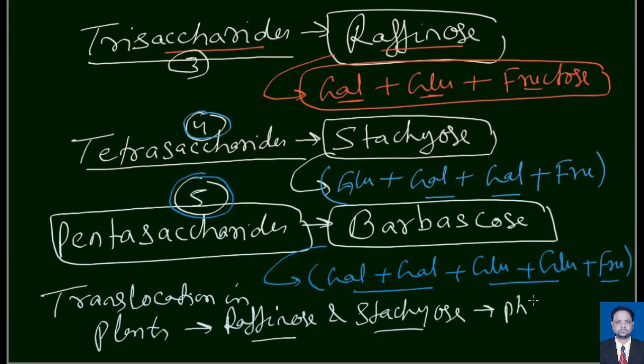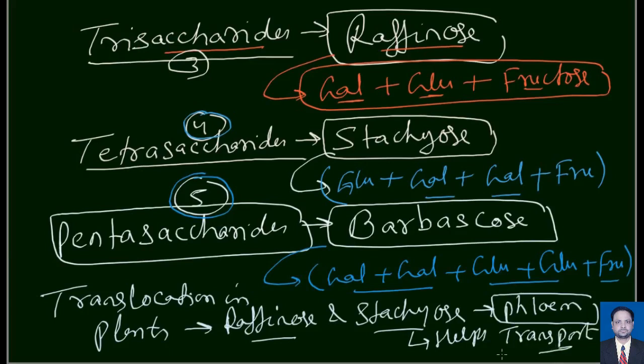They help transport carbohydrate. These two compounds are mostly present inside the phloem, and they are there to help the easy transport of carbohydrate at the time of translocation. Got it?